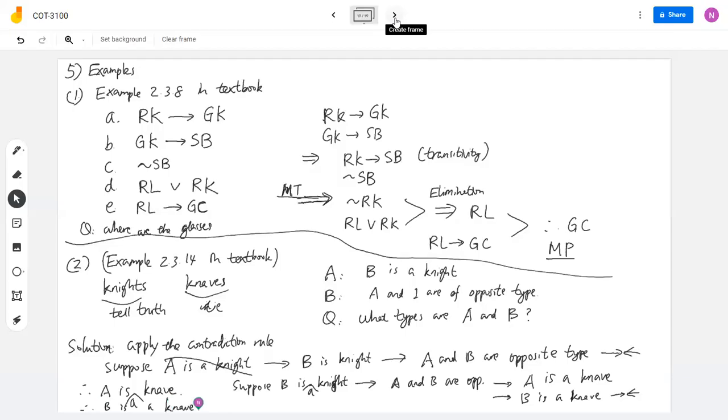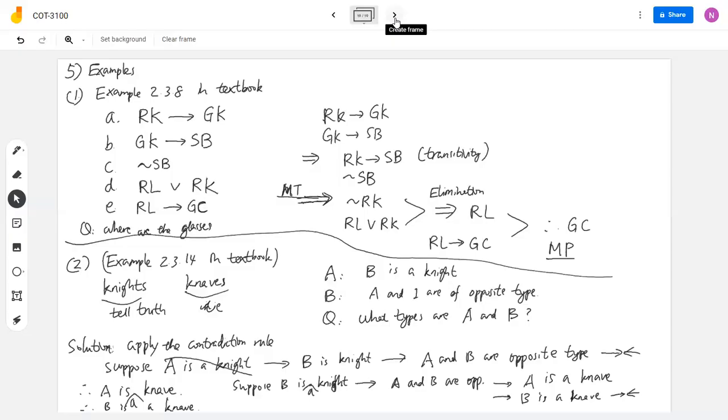Okay, so basically we have solved the problem. You may wonder what happens if I assume that A is a knave. The answer is you won't reach any contradiction; you will get a consistent scenario. That doesn't mean your assumption is always correct, because maybe there's some contradiction you haven't found.